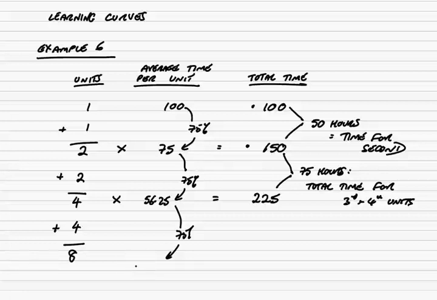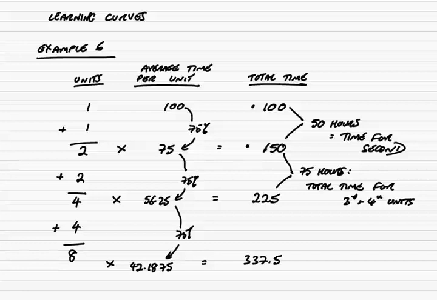Now don't worry, a bit of rounding here won't be a problem, but here I'll keep it precise. But again, 8 units on average take 42 hours each. The total time, multiply by 8, is 337.5.